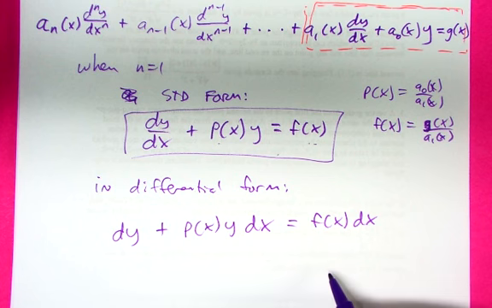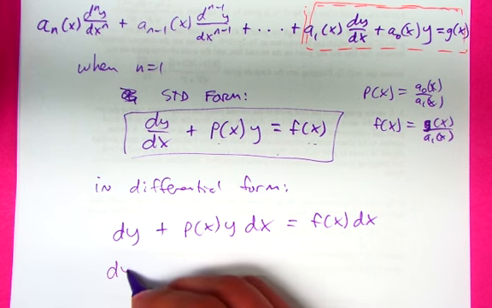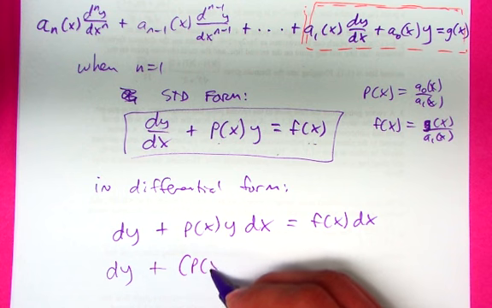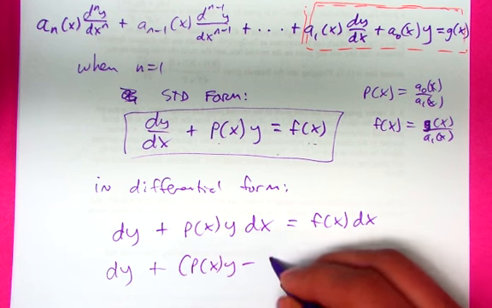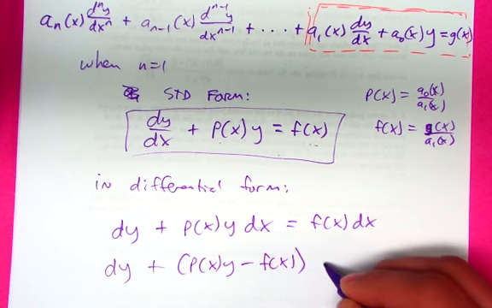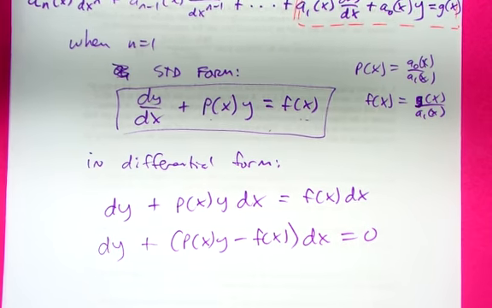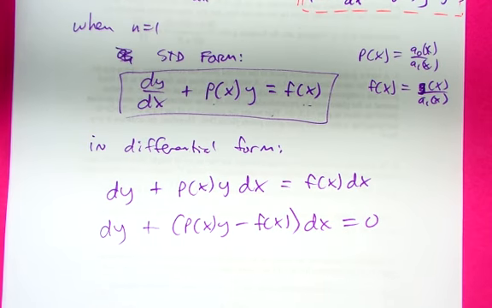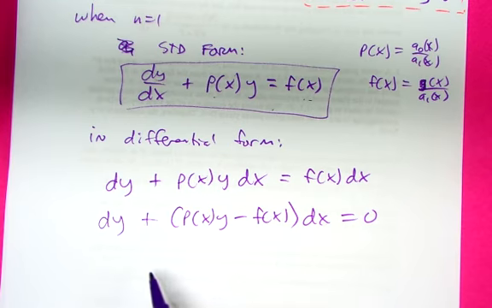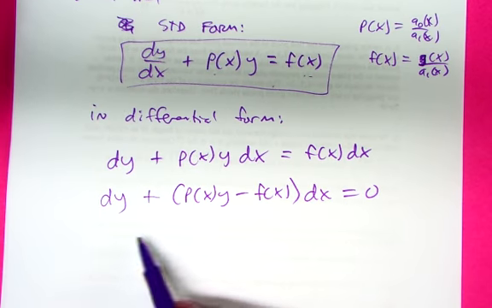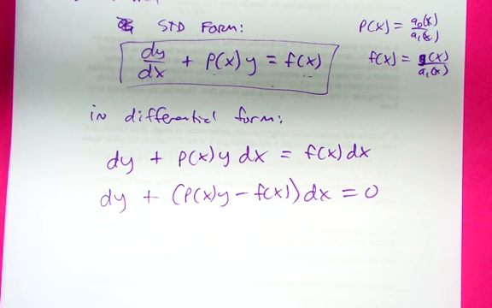So then, if I group the dx terms together, I'll factor out p of x y minus f of x. So then I have 0 on the other side. And now, what we're going to try to do is make this into an exact equation, like the ones that we did in the previous section.